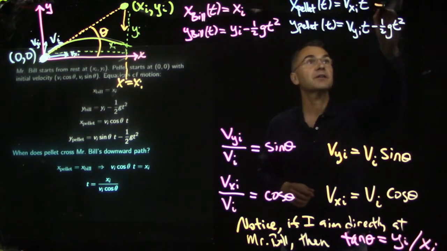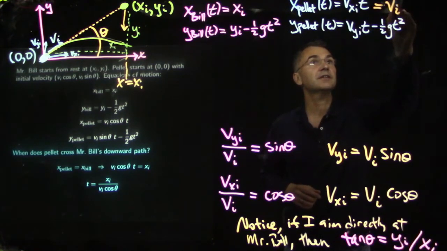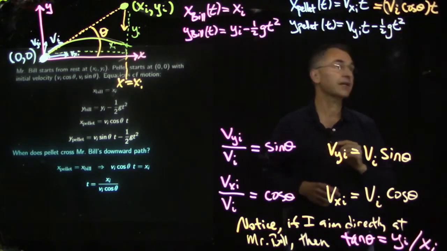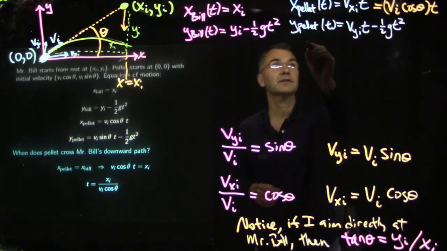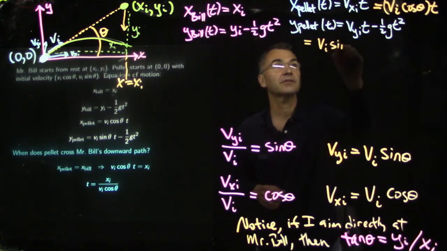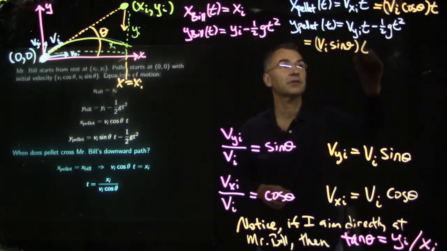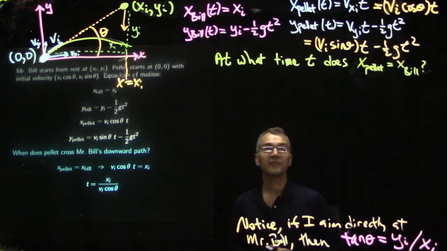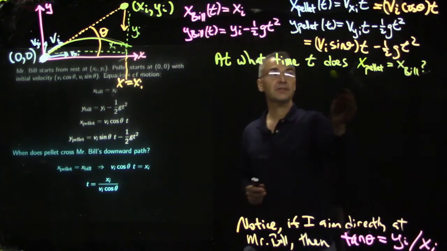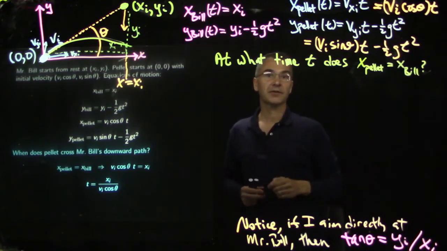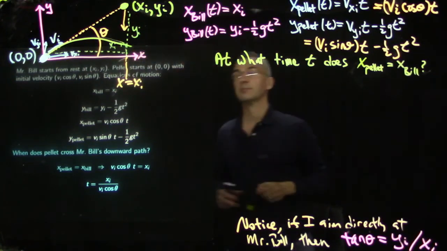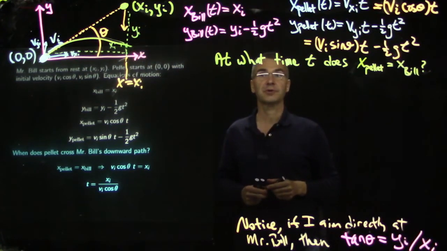So this x pellet of t is v initial cosine theta times time, and this y pellet of t is v initial sine theta times time minus 1/2 gt squared. And let's ask, at what time t does x pellet equal x bill? In other words, at what time t does the path of the pellet cross the downward path of Mr. Bill?